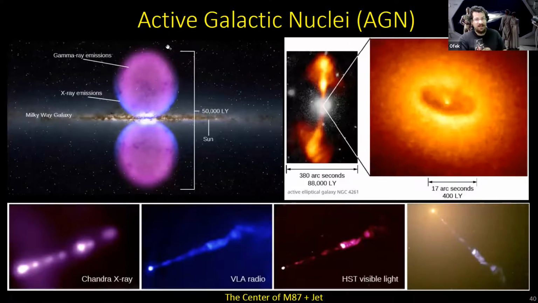To produce an active galactic nucleus, you really need to rip a star apart, feed it into a black hole, and then release not just the fraction of a percent of energy contained in a star in nuclear burning. We saw for the sun that you can only release a small part.